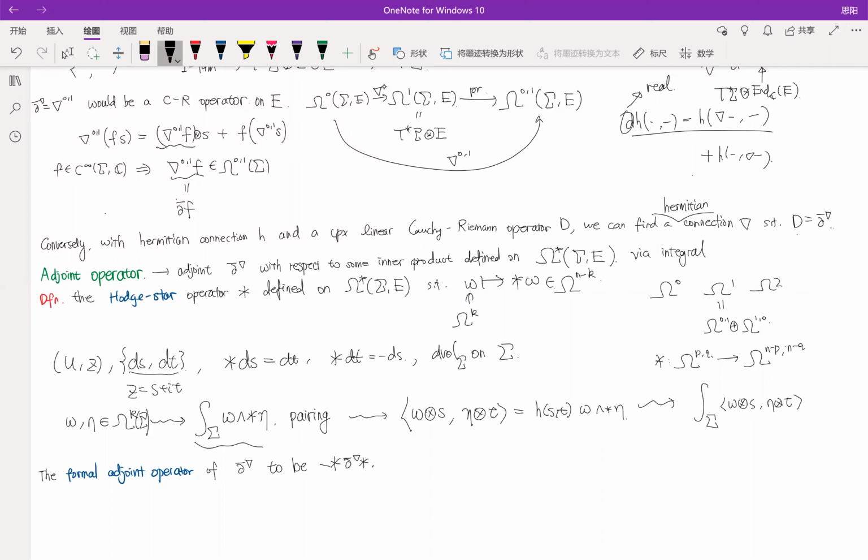Yes, Hodge-star operators are often associated with a Hermitian structure on sigma.